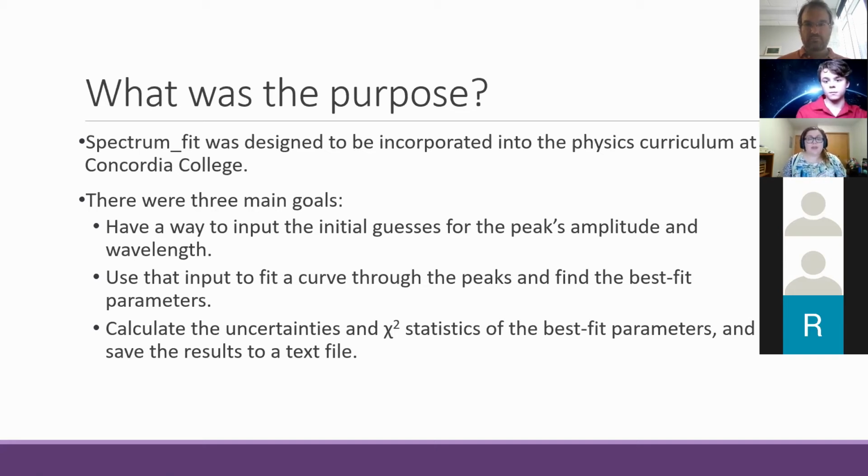And to make it usable for students, we had 3 main goals in mind: to have an easy way to input initial guesses for the peak's amplitude and wavelength, and we needed the program to use that input to fit a curve through the peaks and find the best fit parameters, and then to use those best fit parameters to find the uncertainties and the chi-squared statistics, or the goodness of fit of the functions, and then to save the results as a text file or print the results to the screen.